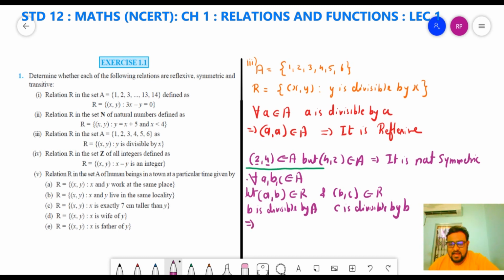This implies that C is divisible by A. So this shows that AC belongs to R. So what does this mean? This means that it is transitive.